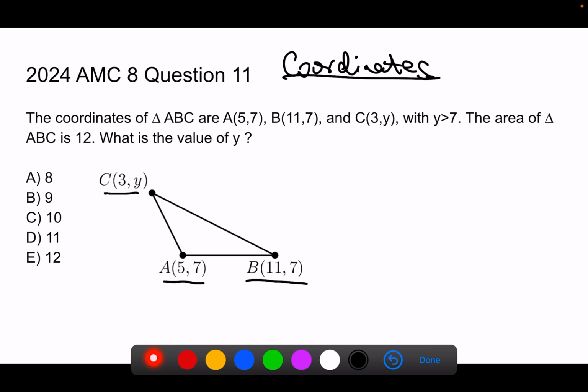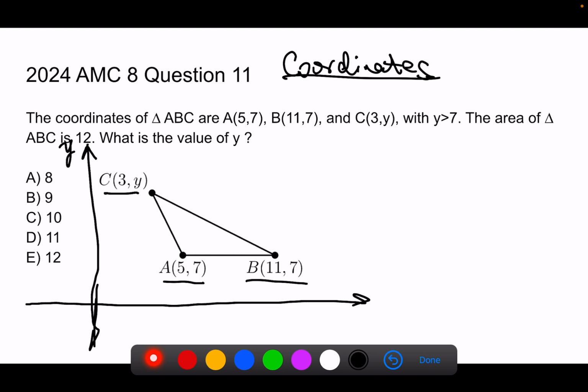If you're new to coordinates, you just need to think about this as a map. Up and down is going to be north and south, and we call this y. And left to right, we call this x. It's like east, west, north, south.